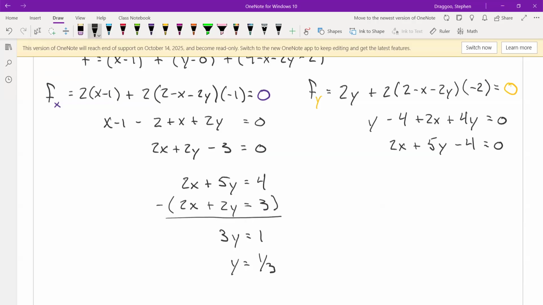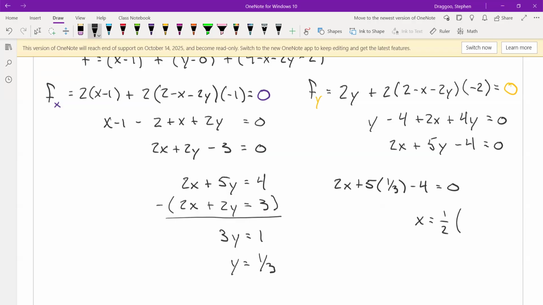So this will be 2x plus 5 times 1/3 minus 4 is equal to 0, which means that x is going to be something kind of nasty. It'll be 1/2 times whatever that other number is.